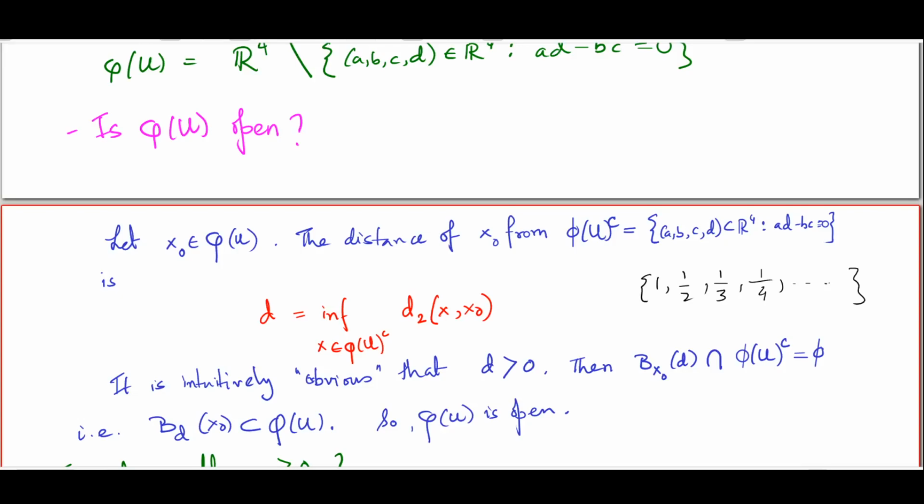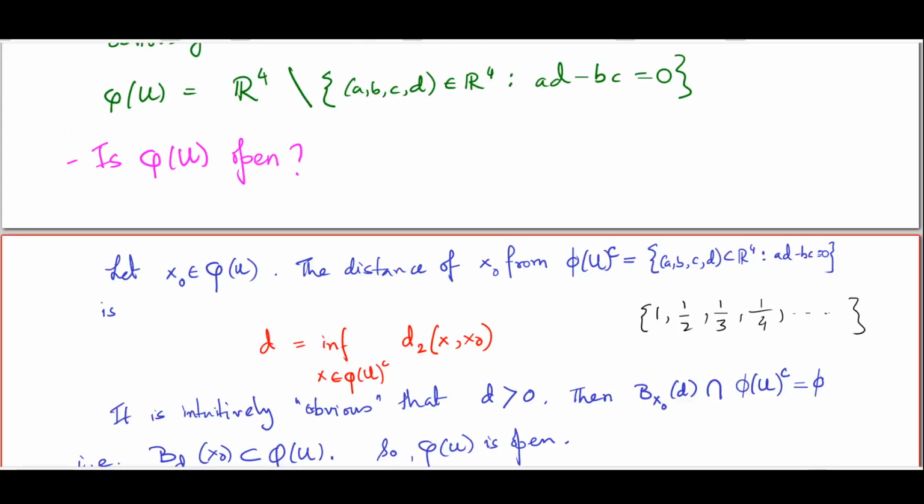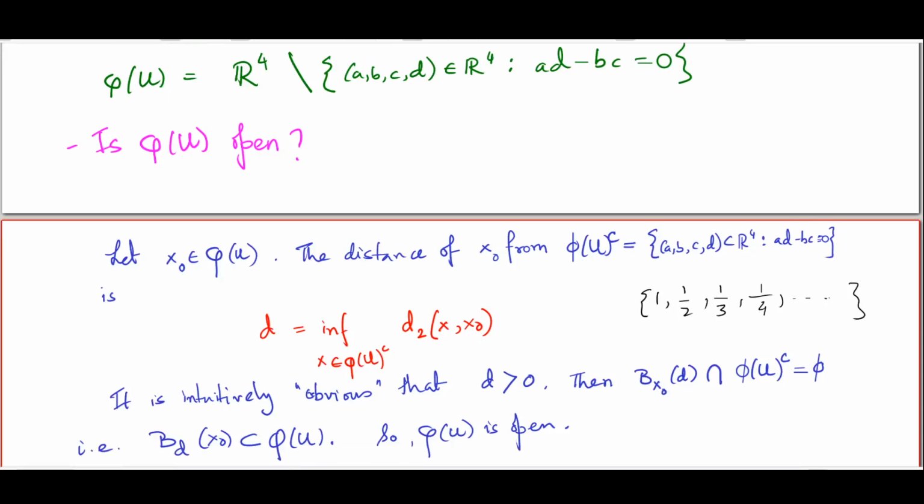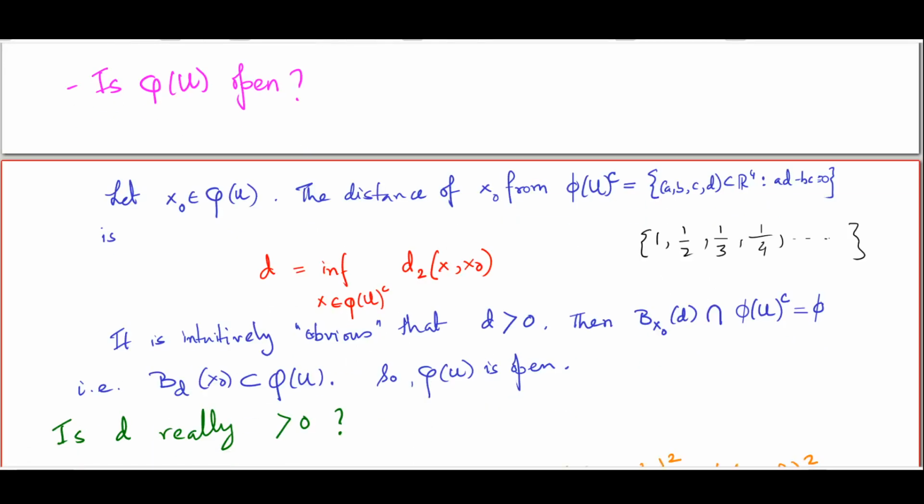But let me assure you that details of this kind can end up being the deal breaker in many other cases. It's not in this case, as we will soon show. So the question that we are really asking ourselves is: is d really positive? And to show that it is, what I'm going to do is explicitly calculate, or at least show you a way of calculating, what the d is.